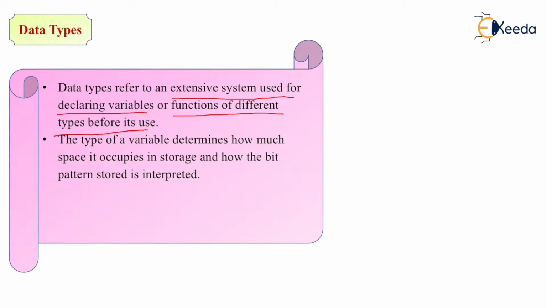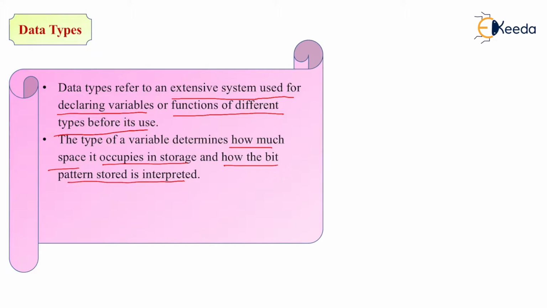The type of variable determines how much space it occupies in the storage and how the bit pattern is stored in the interpreter.